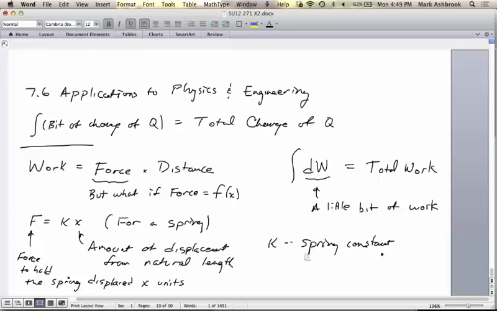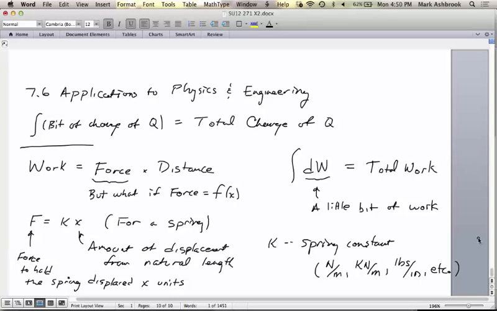So, for instance, the units might be newtons per meter, kilonewtons per meter, pounds per inch, etc. These are possible spring constants.